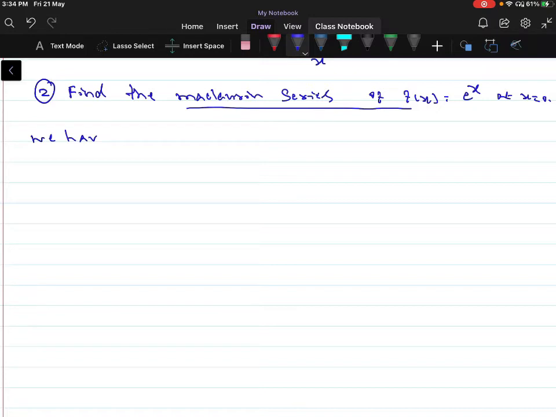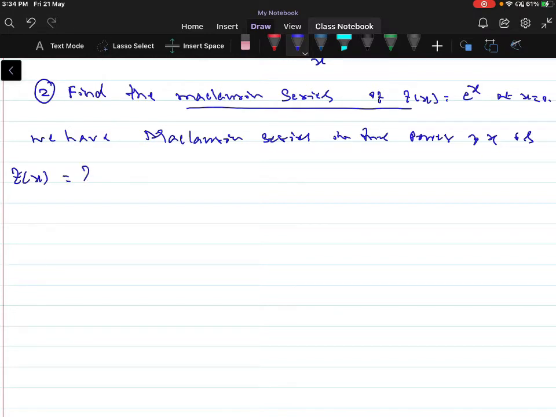We have the Maclaurin series in the power of x, which is written as f of x is equal to f of 0 plus x into f dash of 0 plus x square by 2 factorial into f double dash of 0 plus and so on, plus x power n by n factorial into nth derivative of f at 0 plus and so on.